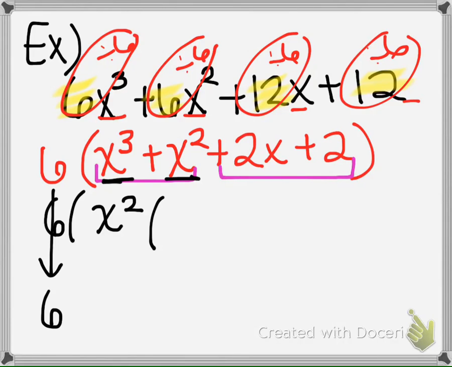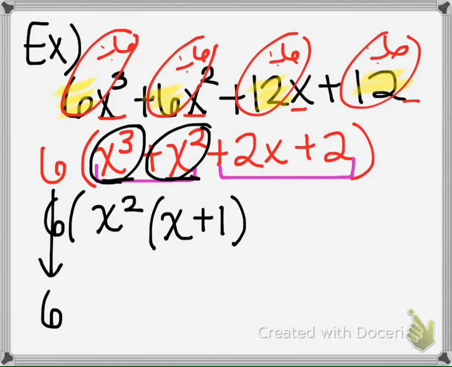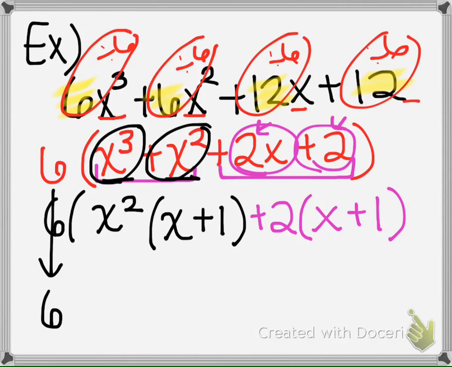So then I have x squared times x would get us the x cubed, and x squared times 1 would get us this. Then I come over here and I know that 2 can go into both of these. And 2 times x would get us 2x, and 2 times 1 would get us 2.